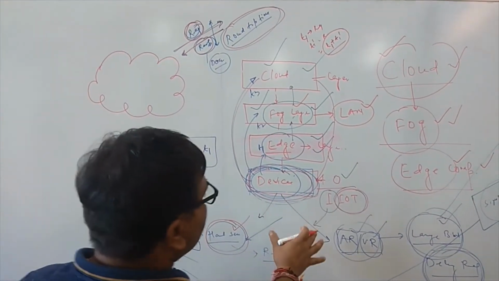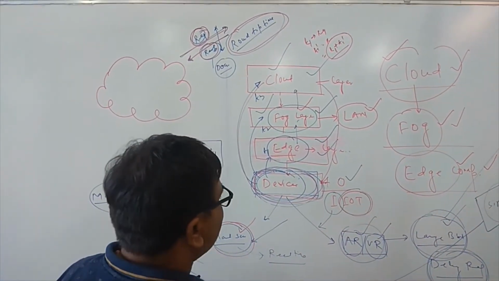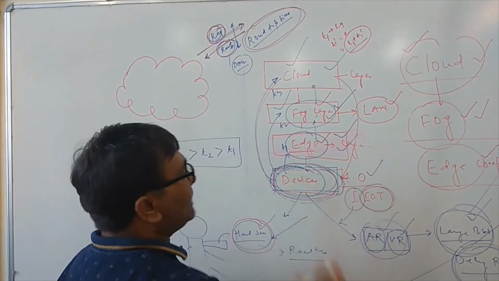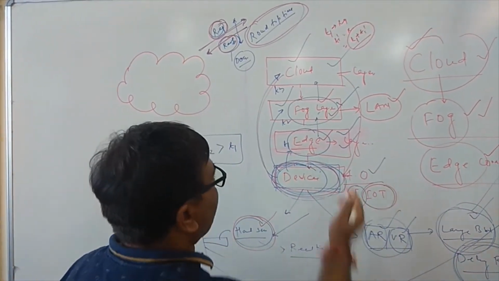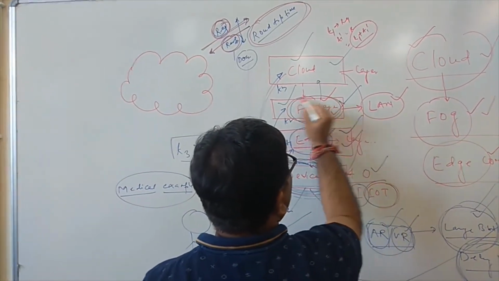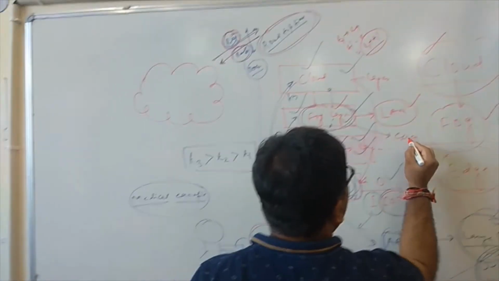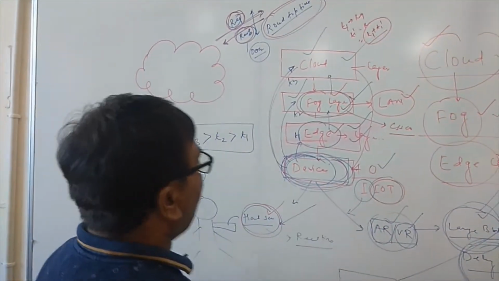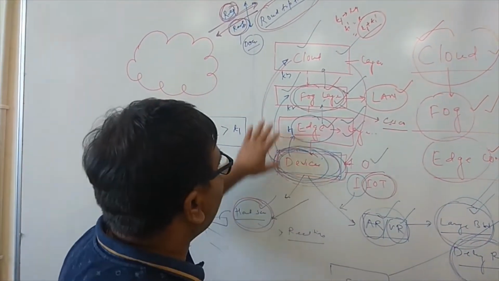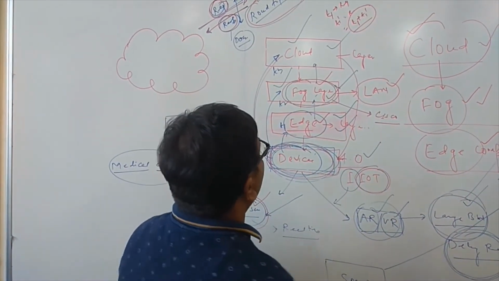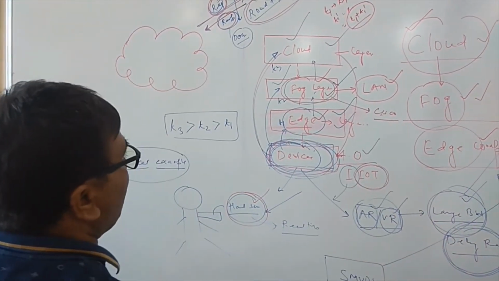So to deal with these real-time operations, fog and edge computing were developed, right? Fog computing is a basic concept developed by Cisco, right? And at the same time, after this, industrial IoT is the basic requirement for industrial IoT.